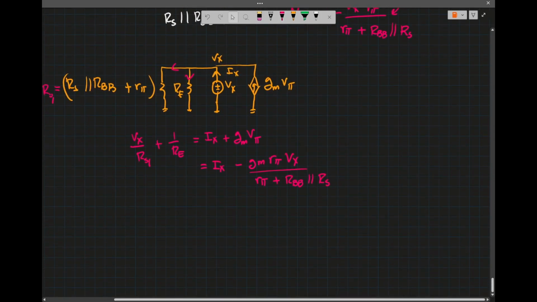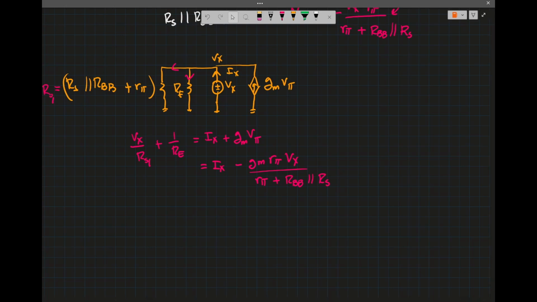This is a little complicated because of the presence of RS. If the input voltage did not have the input resistance RS, all this would be a lot simpler.